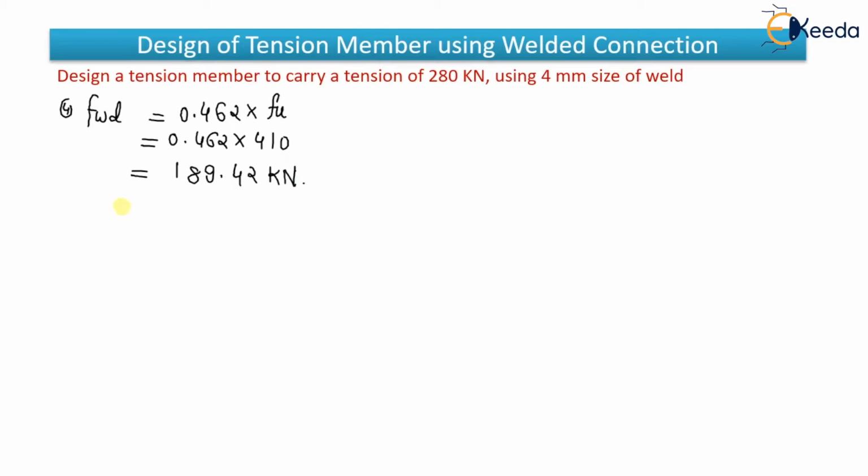Now if you want to find out, I will show you another diagram. This one is a very important diagram. See, if this is your gusset plate that I have told you, and let us assume your angle is connected like this, and another leg is like this.